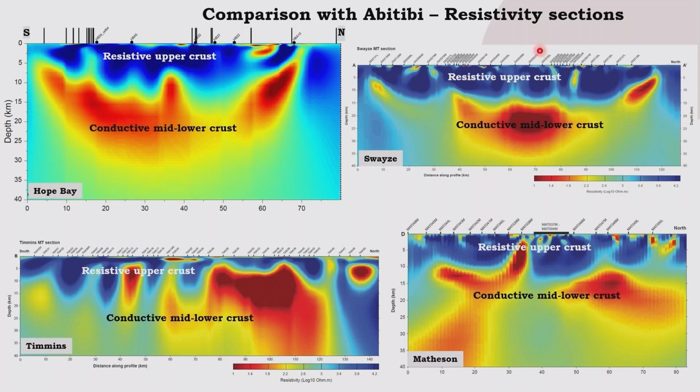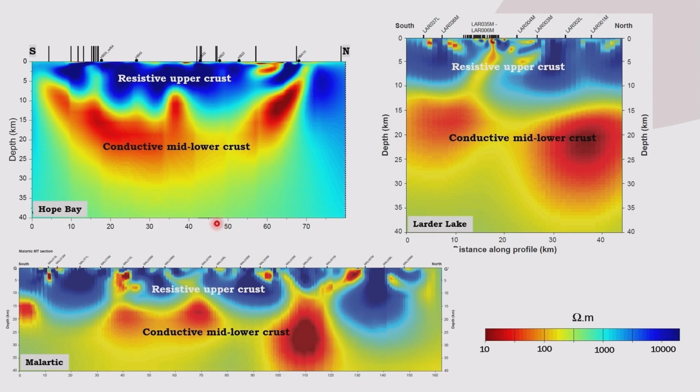This is from Sudbury, this is Timmins, and this is Matheson, the same structure. Hope Bay, Larder Lake, and Malartic, we can keep going on. Essentially, the result as of this moment is that the resistivity structure up north and the Abitibi is very similar. But whether what is responsible for this resistivity is the same thing or the same geological history is a different ball game that Rasmus will talk about.